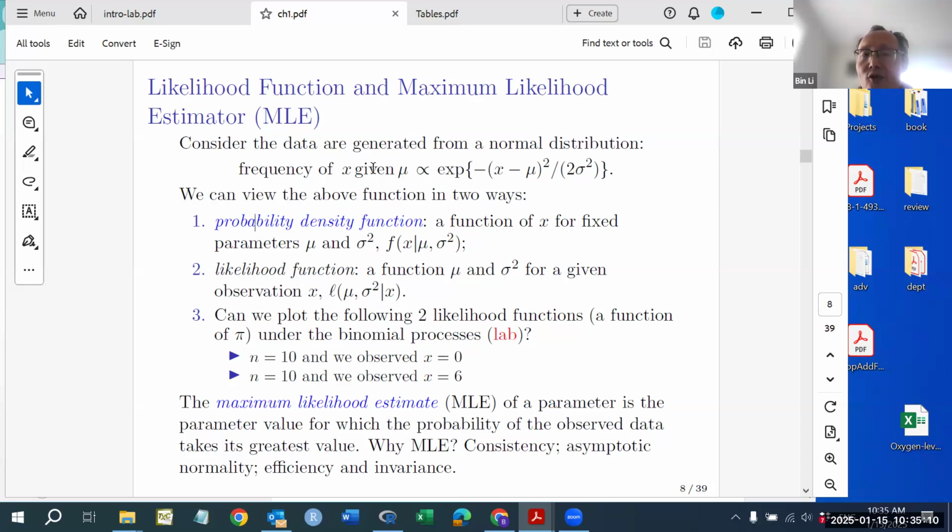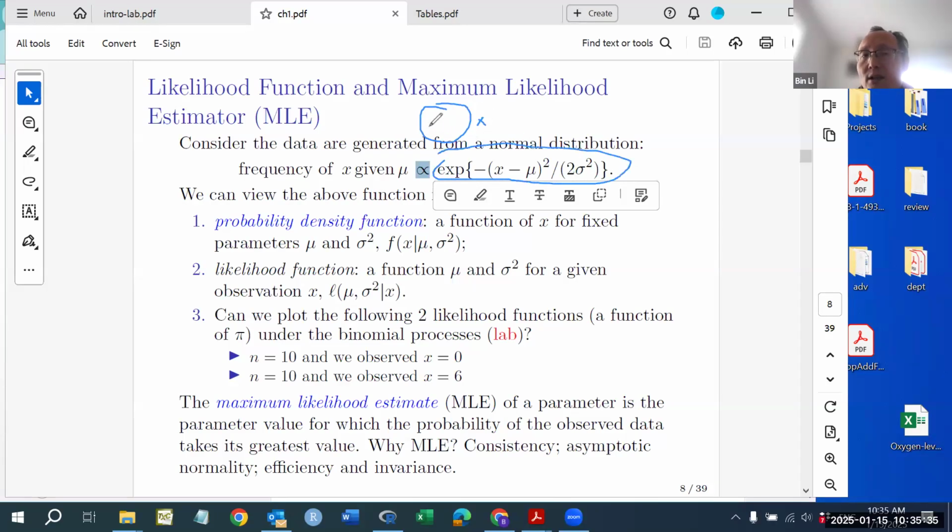And we know that the PDF for a normal distribution has a kernel which is this one, okay? So here, this means proportional to that. Why? Because it's not exact. If we want to write an exact one, there is a constant multiplied by this term, okay?